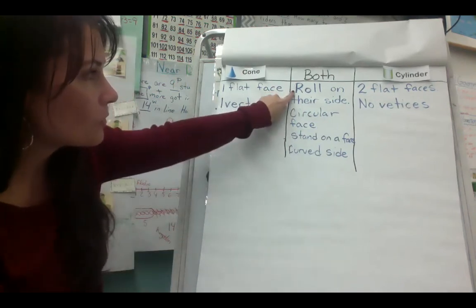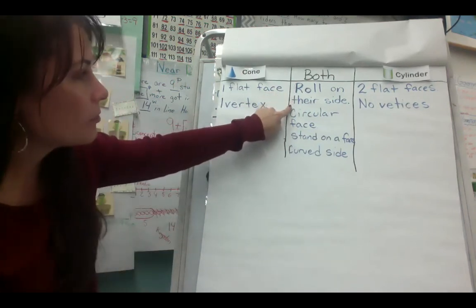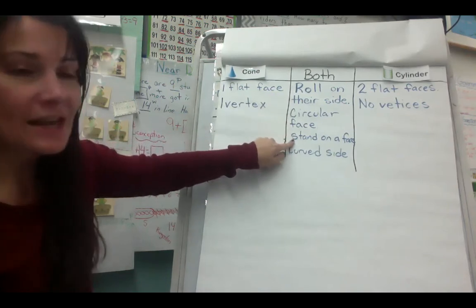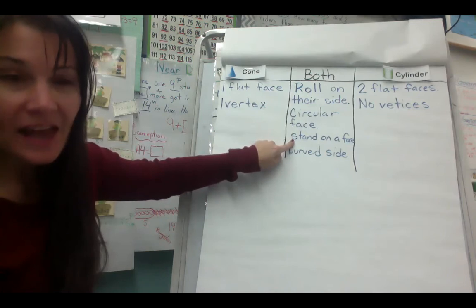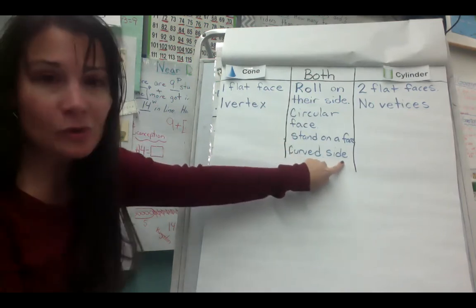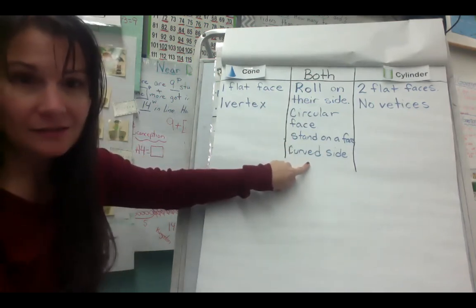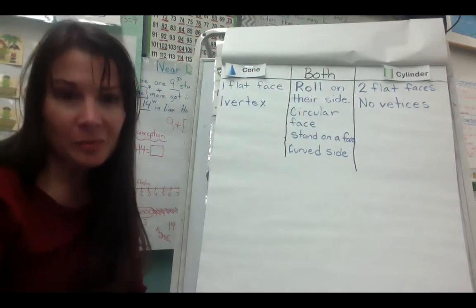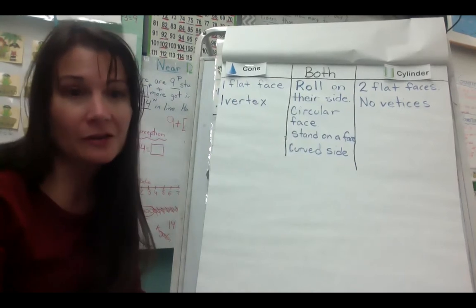They both roll on their side. They both had a circular face. They can stand on their face. And they both have curved or rounded sides. Great thinking today, guys. Let's try another couple of shapes to see how we can compare and contrast them.